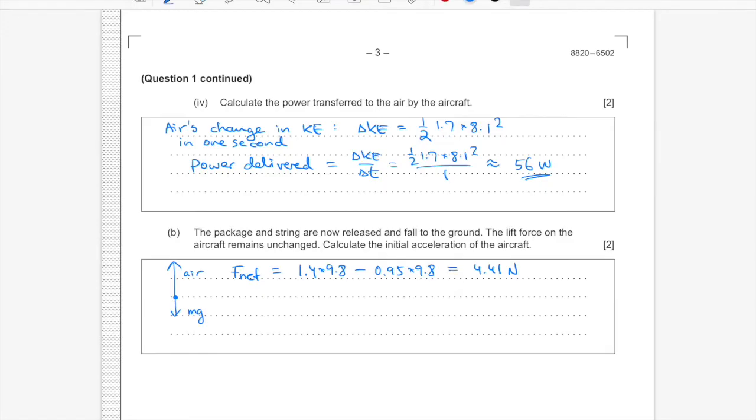Wait a second, that was just the force. Now for the acceleration, of course, we have to divide by mass, which is now only 0.95, since we lost the package and the string. We round this off to 2 significant figures, and that's the right answer.